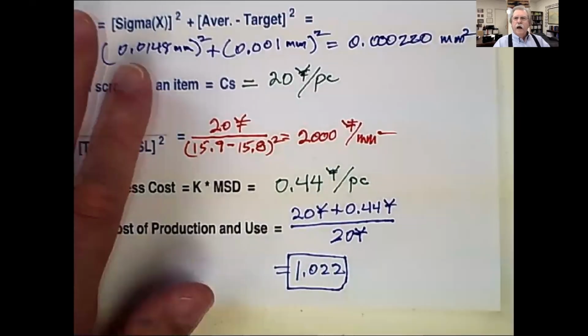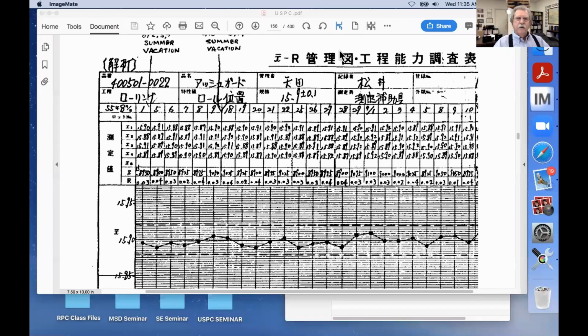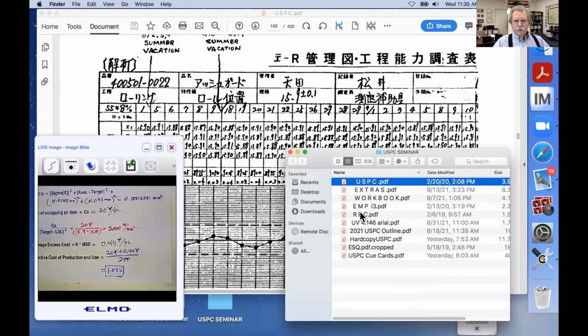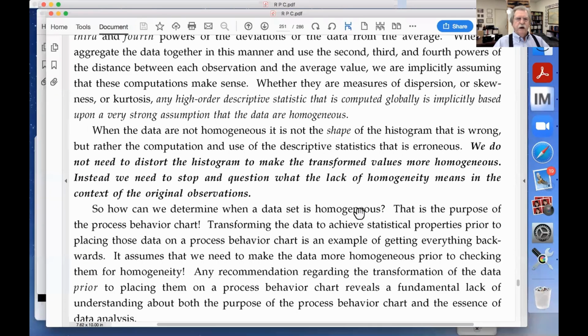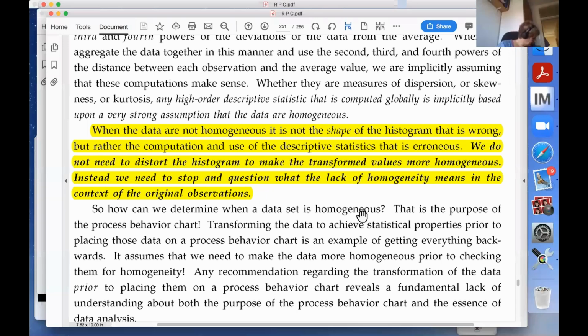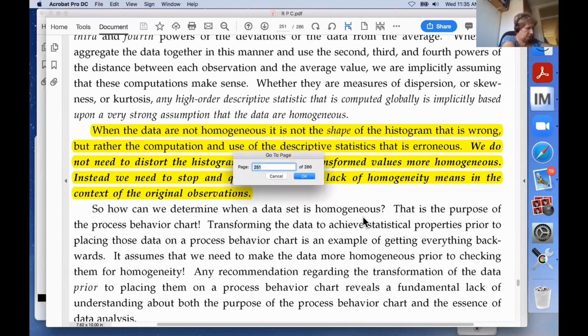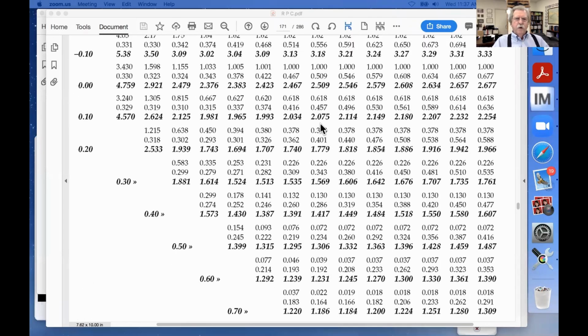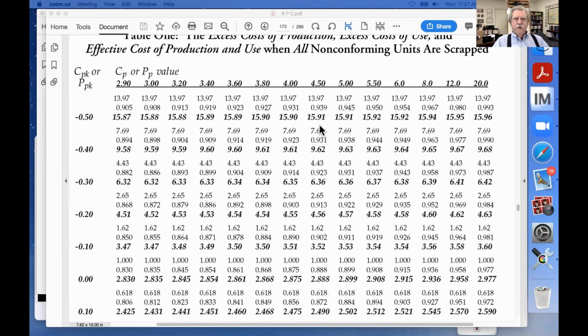Now, I'm going to save you some time and trouble. Get the reducing production cost book out. Turn to page 171. Okay. In the reducing production costs, we're looking for page 174.